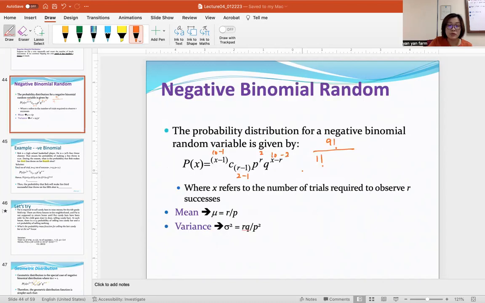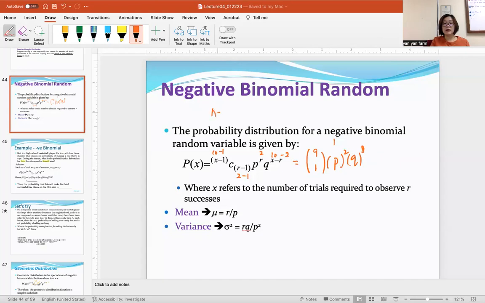Okay, so when we try this part, we can write it as 9 and 1. So I have my rate p to the power of 2, and q is the failure rate, 1 minus p, to the power of 8.